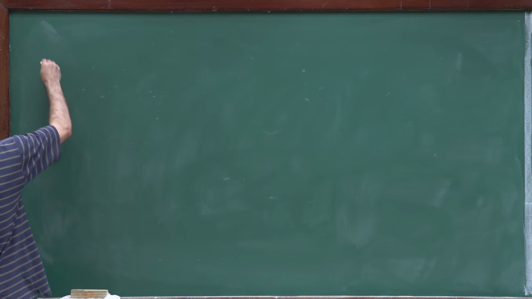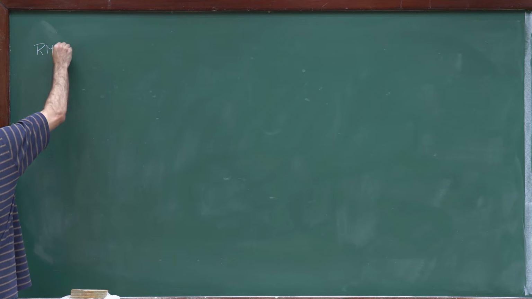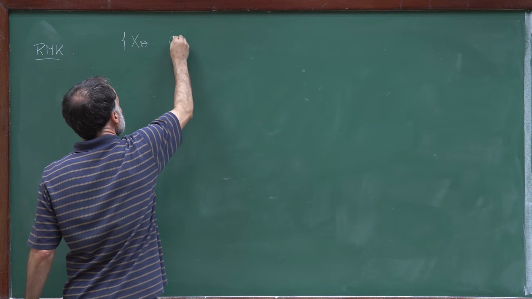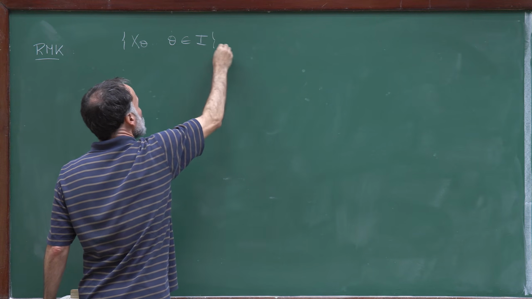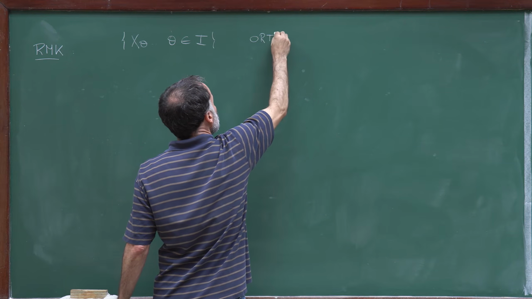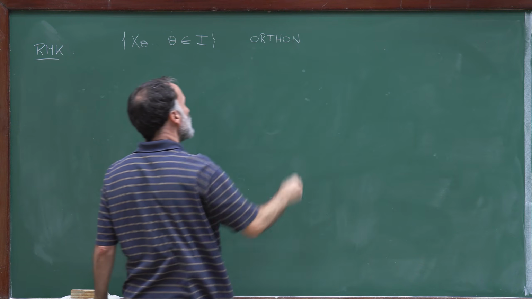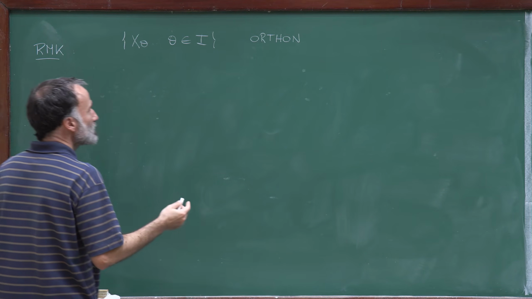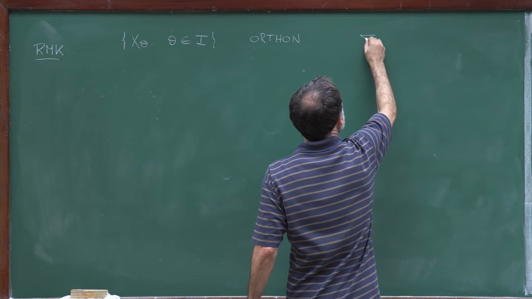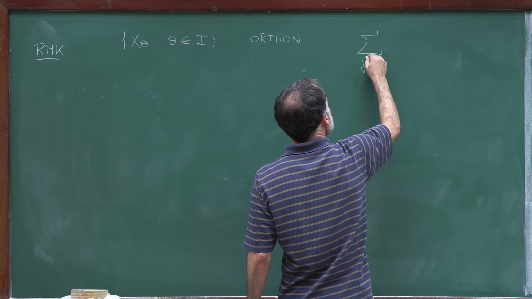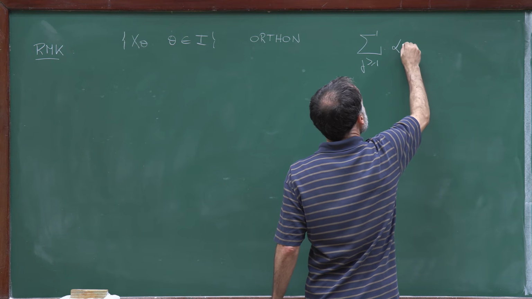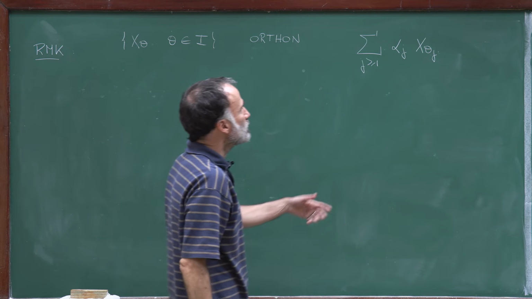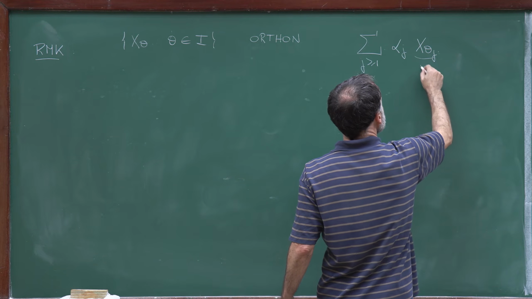So now remark, I'm starting from a family x theta which is orthonormal. And I want to make sense of an infinite sum of scalars times x theta j. So instead of writing theta j, I'll just write xj.